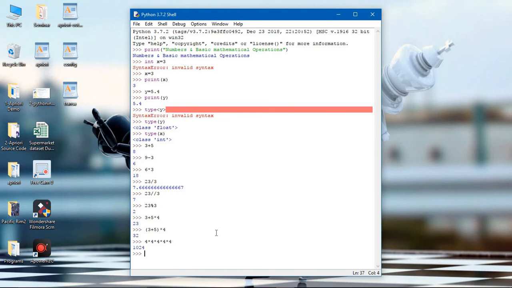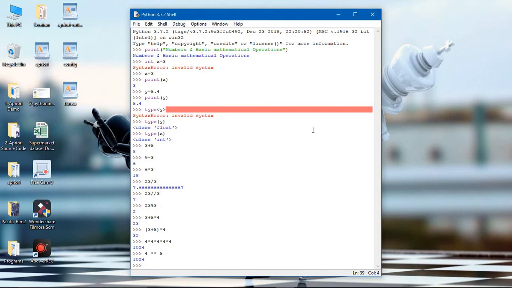But imagine that you have 4 to the power 20 or 30. It would be time consuming, and it will need a lot of space, a lot of time. So what we can do instead is 4, two multiplication symbols, and 5. Here this symbol, the multiplication symbol 2 times, is the raised to symbol, and this will give us the same answer as above.